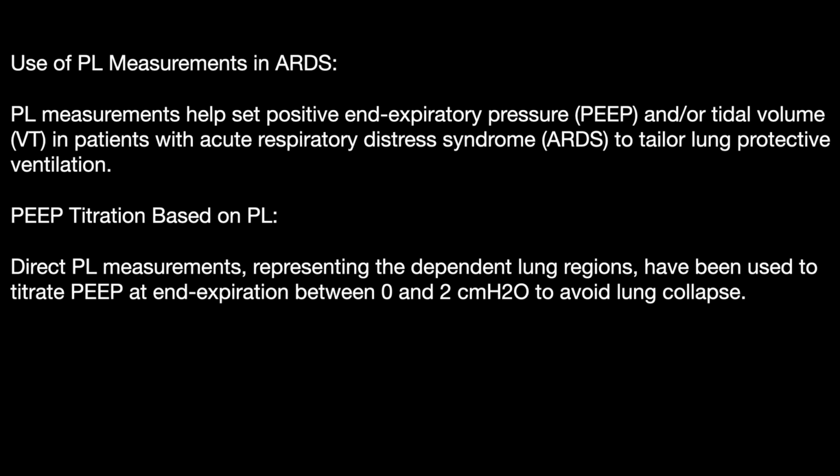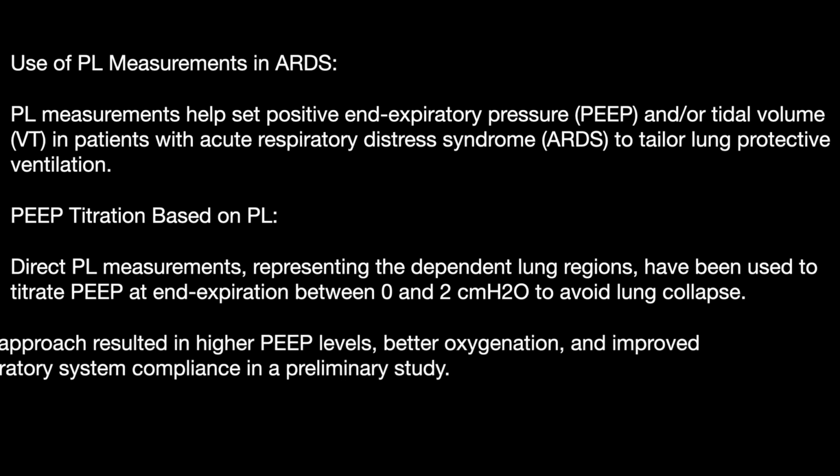The direct transpulmonary pressure measurements representing the dependent lung regions have been used to titrate PEEP to keep an end expiratory transpulmonary pressure of around 0 to 2. What this 0 to 2 pressure does is avoid the collapse of the lungs. So we basically don't want this pressure at end expiration to go negative. This prevents atelectrauma.